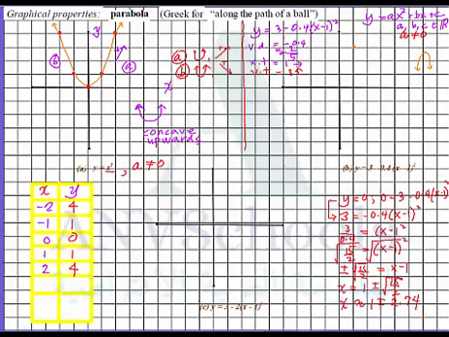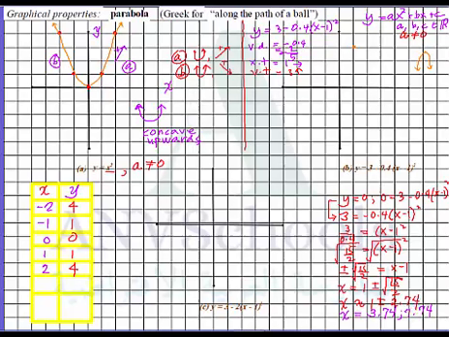So x is approximately 3.74 or negative 1.74. So it's somewhere, this is negative 1.74.